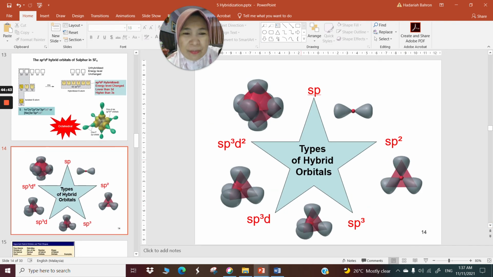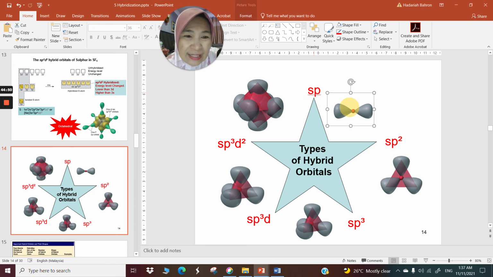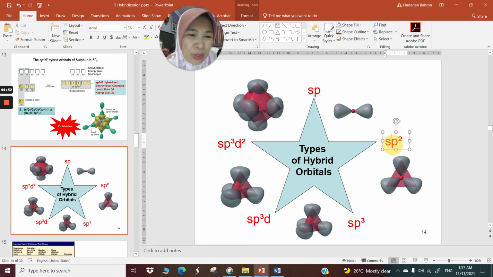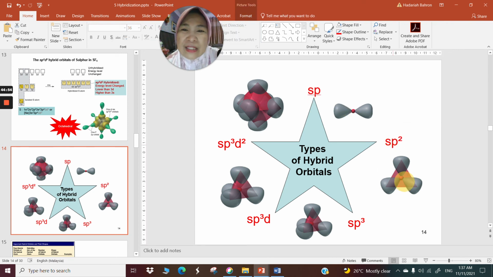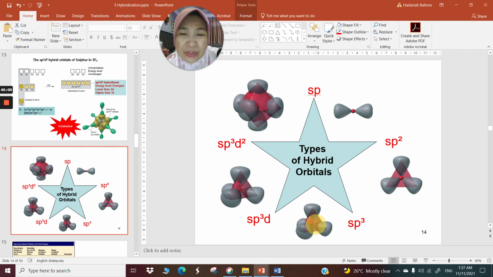So I have explained to you 5 types of hybridization. The sp hybridization, which is linear, the sp2 hybridization, which is trigonal planar, the sp3 hybridization, the basic shape of which is tetrahedral, but you can also have trigonal pyramidal for ammonia, and bent or V-shaped for water.